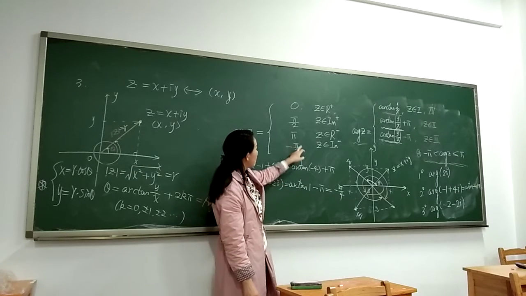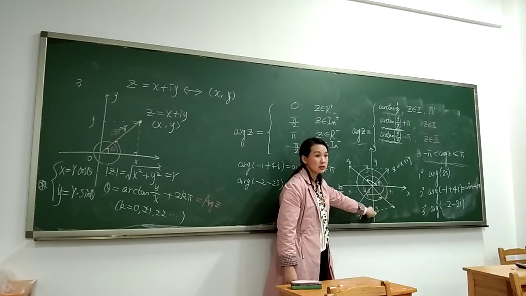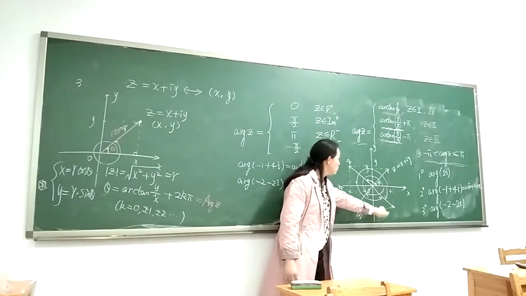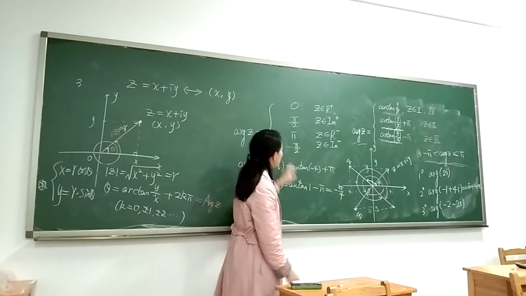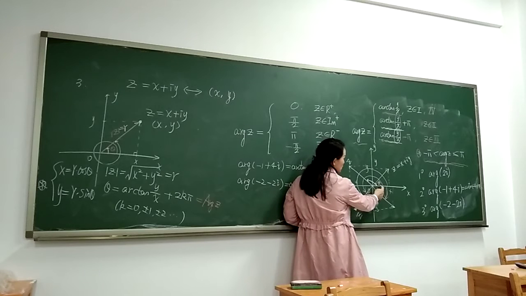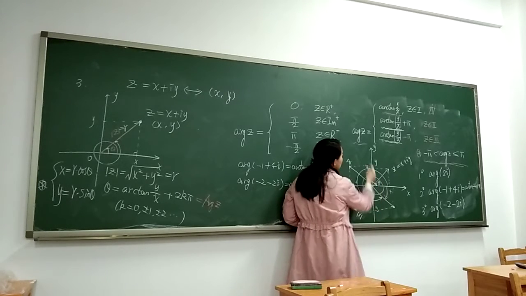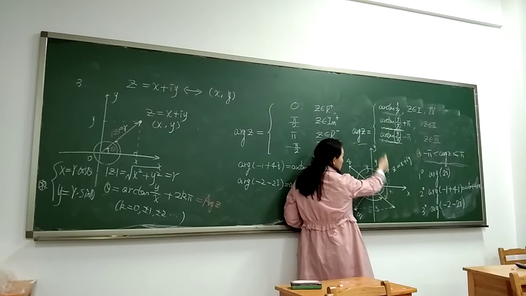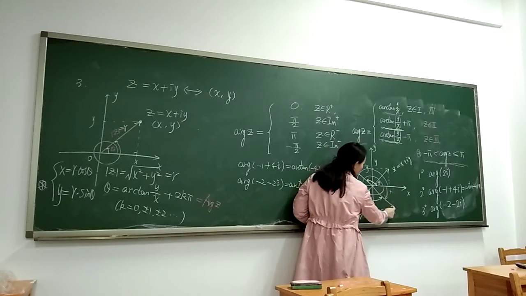Yeah, it's in that part. Negative pi over 2 is here, it must be in this axis, not here or here. So this formula is for four quadrants: the first one, second one, third one, and fourth one.